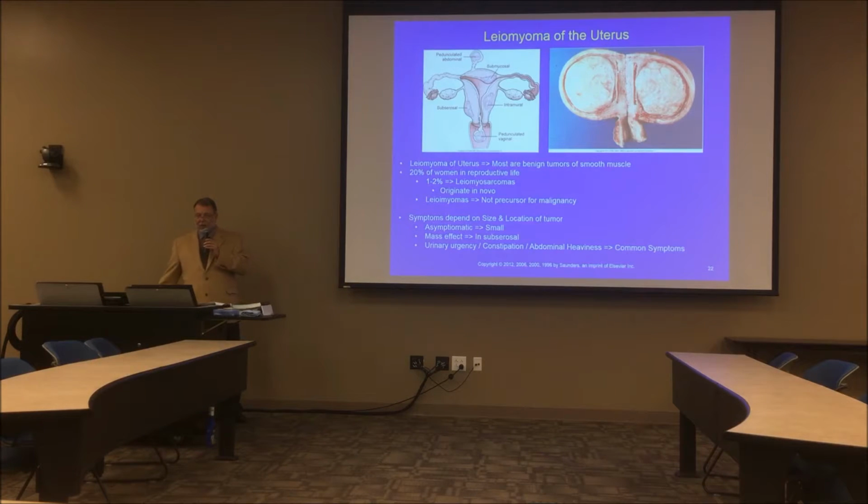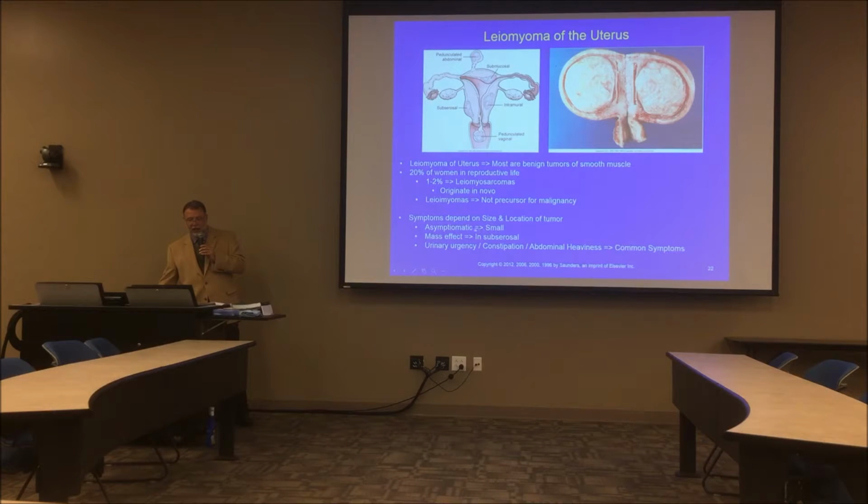The myoma of the uterus is the benign tumor of the small smooth muscle. It's important to know this will not be a precursor for malignancy. Many women will have this and find it through failed pregnancies, because it is going to be an irritant in some way. So a leiomyoma sometimes has to be removed.